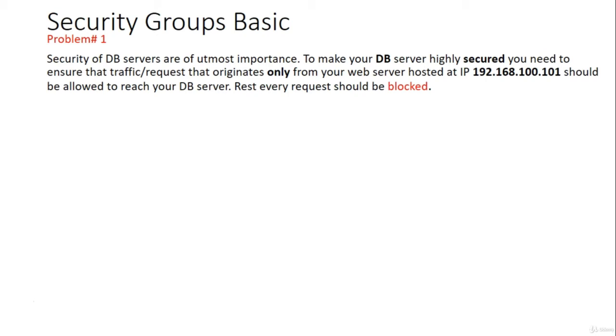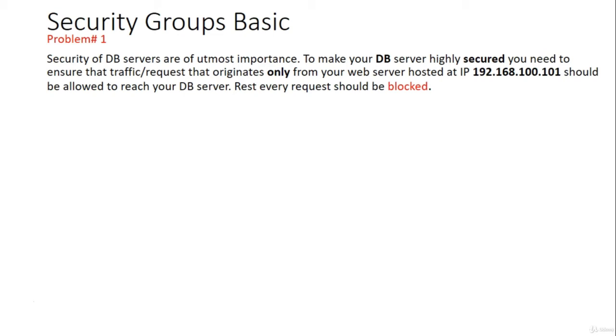To make your DB server highly secured, you need to ensure that requests that originate only from your web server hosted at IP 192.168.100.101 should be allowed to reach your DB server. Every other request to your DB server should be blocked.